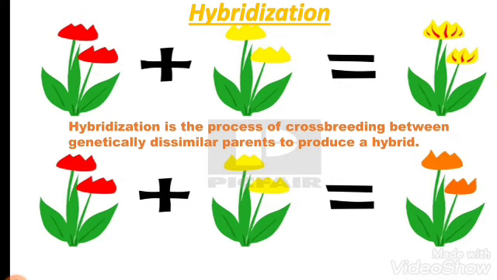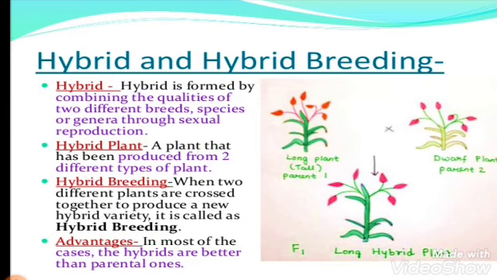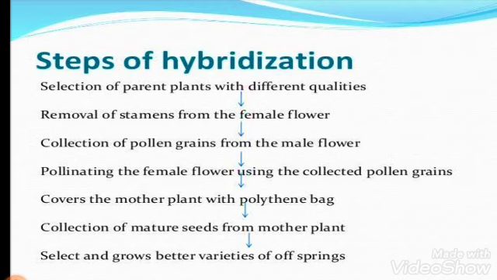So the steps involved in artificial pollination are: first, the stamens of a bisexual flower are removed before their anthers mature. Next, the flower with gynoecium intact is covered with a paper or muslin bag to prevent natural pollination. In the next step, when the stigma of this flower matures, the pollen grains from the anther of the selected plant are taken and deposited on the stigma.